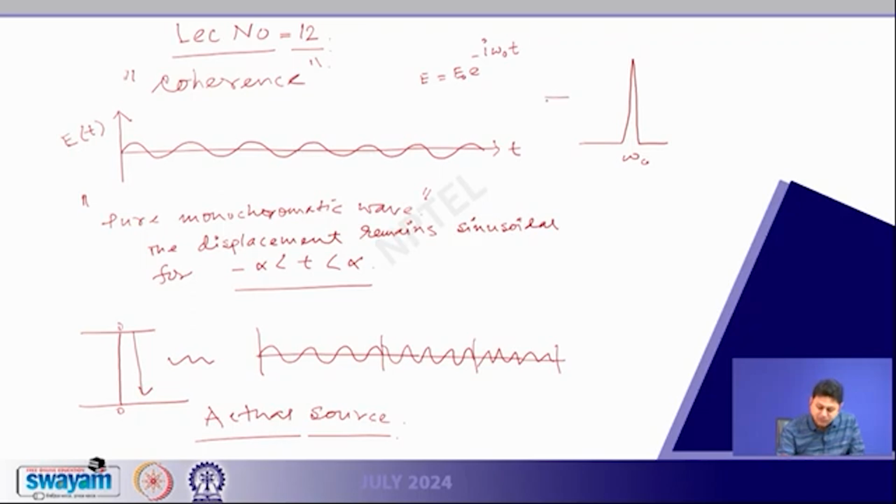If I do a Fourier transform to find its corresponding frequency, one easily gets a delta function: at a particular frequency omega 0 there is a sharp peak, and the rest of the values are 0. That means we have a very precise frequency when we have an infinitely extended monochromatic wave.